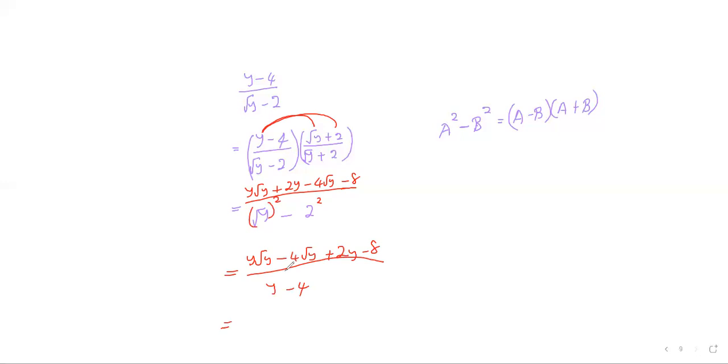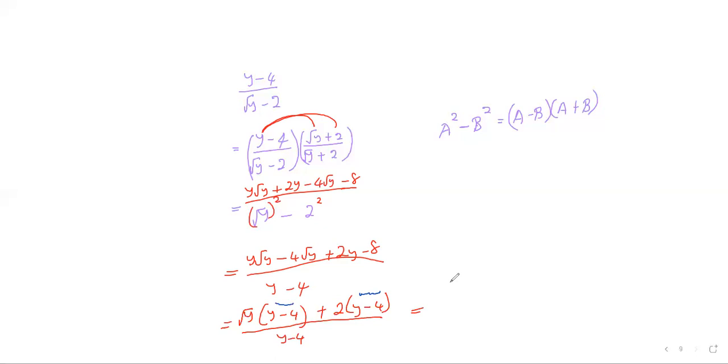Now, we can take a common factor there. It's the root of y with the y minus 4. Common factor here is a 2, with y minus 4, into y minus 4. That will become, this is the same as that.